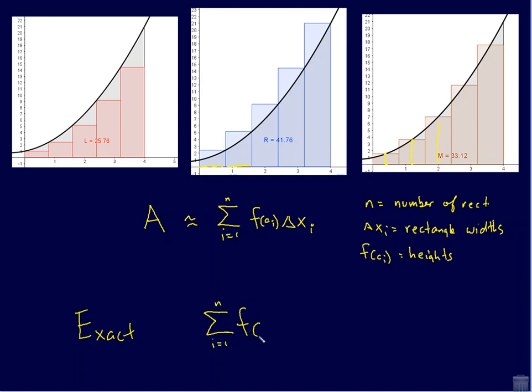So I'll keep the same notation, but this time we will increase the number of rectangles by just letting n approach infinity. That would tend to make all the rectangles extremely skinny and thin, but having more of them would fill in the space and give you the exact answer.